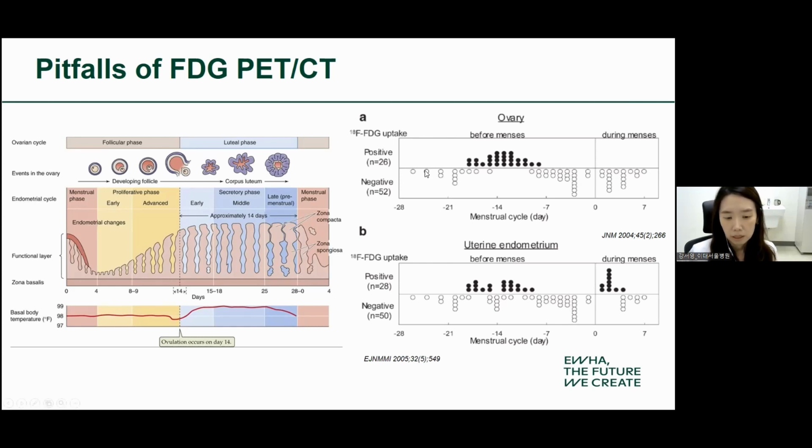In this study, they evaluated the relationship between the menstrual cycle and FDG uptake in the ovary and uterus. The black circles indicate a woman with FDG uptake in the ovaries, and the white circles indicate a woman without FDG uptake in the ovaries. So focal FDG uptake in the ovaries is observed in the late follicular to early luteal phases.